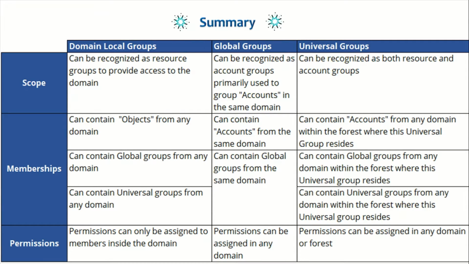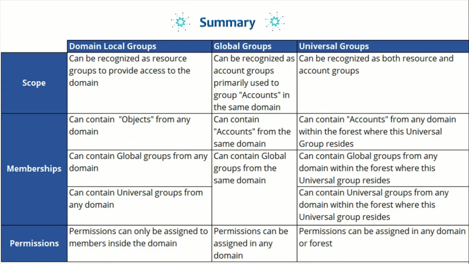Membership for a domain local group can contain objects from any domain, can contain global groups from any domain, and can contain universal groups from any domain. But the membership of a global group can contain accounts from the same domain, and it can contain groups, say global groups from the same domain, and so on and so forth.